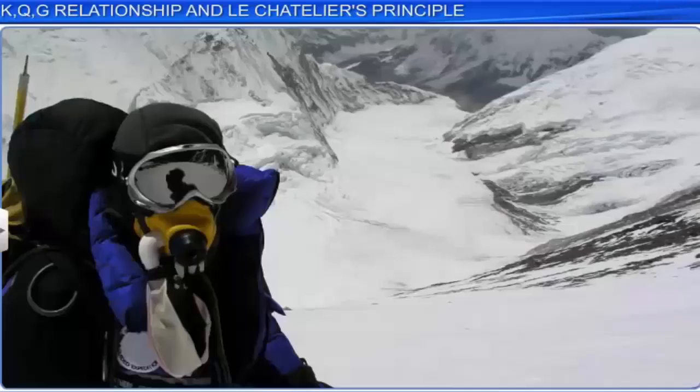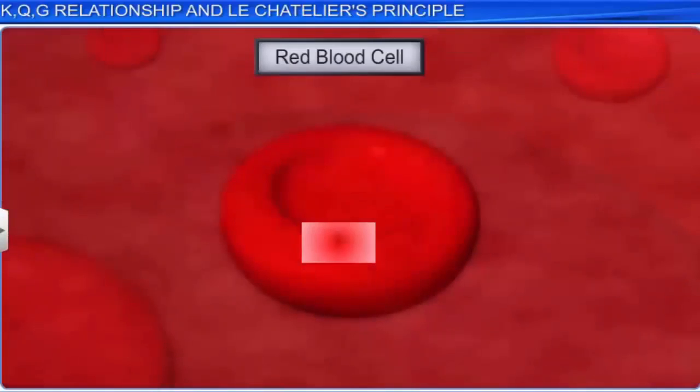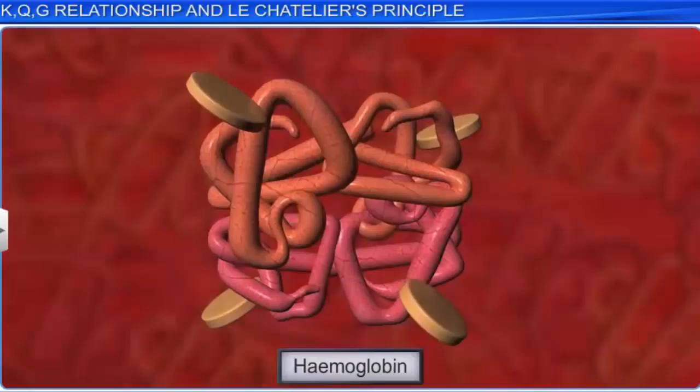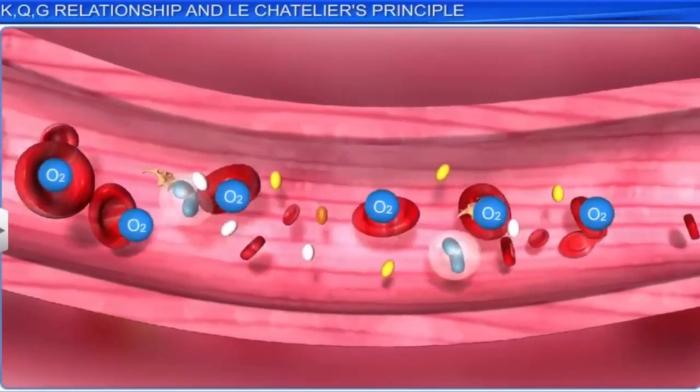Have you ever wondered why mountaineers carry oxygen cylinders with them while climbing high mountains? You know that hemoglobin, a protein containing iron in the red blood corpuscles of blood, is responsible for the transport of oxygen to the cells.